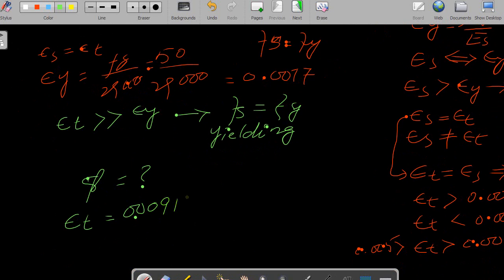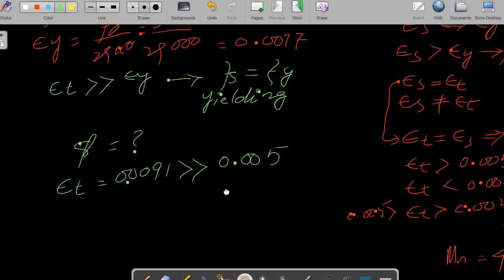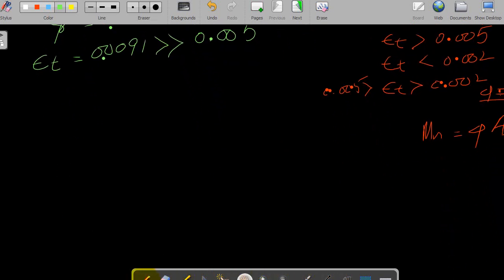This value is far greater than the ACI defined value, that is 0.005. If you remember the graph, I have already shown this in, I think, part 8 or 9. We know the graph, right?